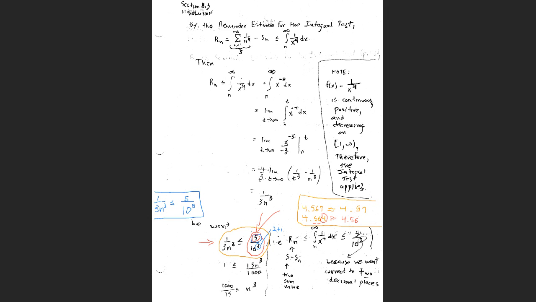So very good. Okay, now what we've got to do is solve the inequality. 1 over 3n cubed is less than or equal to 5 over 10 cubed.